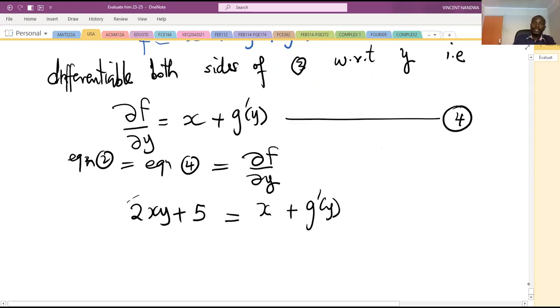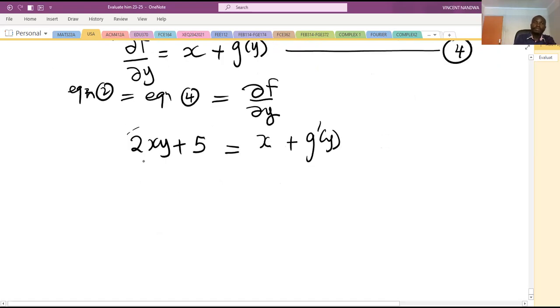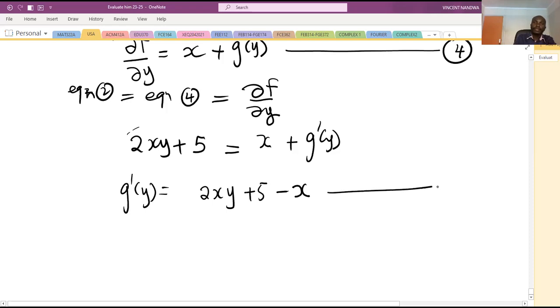So this will make g prime the subject. So we'll have g prime of y equals 2xy plus 5 minus x. Call this one equation 5.